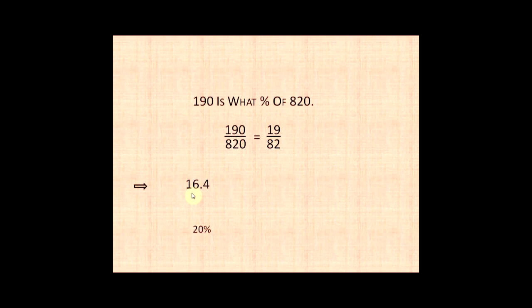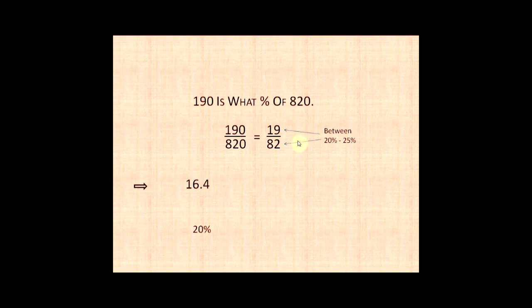If I add 4.1 to 16.4, you can easily observe that the result will cross 20, and the number you are targeting is 19. So obviously if I add another 5% and make it 25%, I'll cross the number 19. So now I've figured out that the number 19 lies between 20 and 25% of 82.